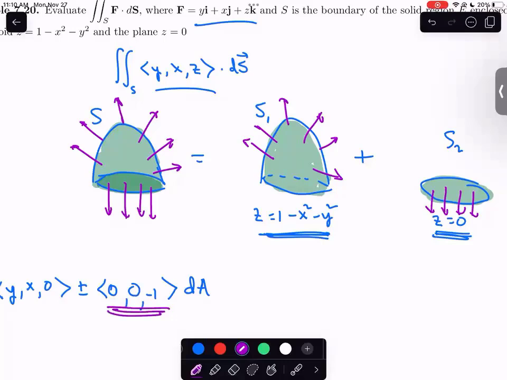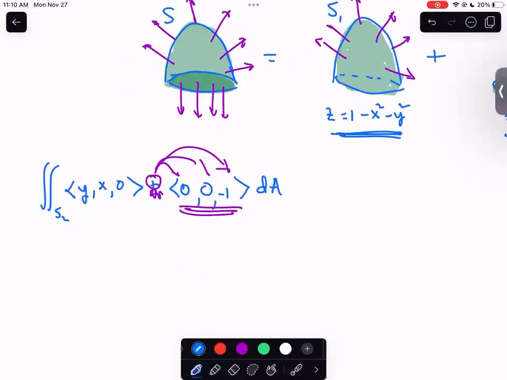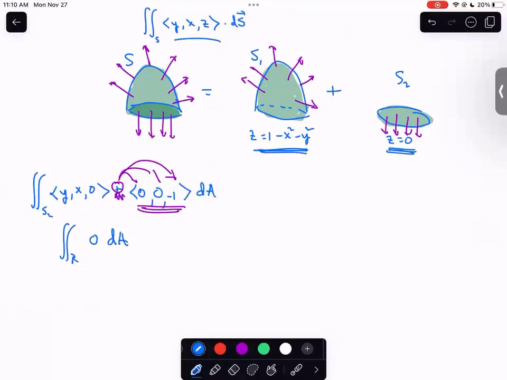Yeah, absolutely, I want it pointing downward. And so I'm going to choose the positive here. Notice that in either case, when you evaluate this dot product, you're going to get 0. Now if we took this region and smushed it down into the xy plane, the integral of 0 is just 0. So like I said, this one's quite easy.